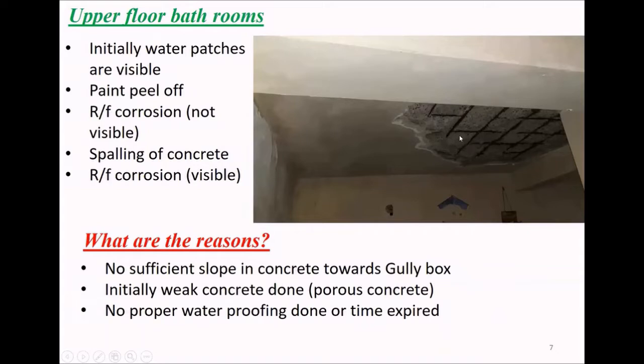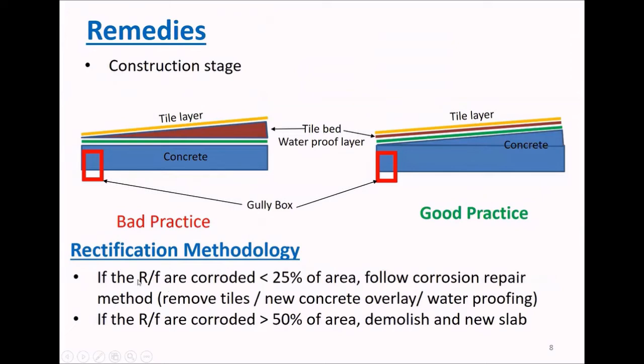If we find corrosion like this, first of all we have to check what is the percentage of the reinforcement corroded, right? Here we have given a standard: if the corrosion area is less than 25%, we can still use this reinforcement. We can do some corrosion repairs and painting and all that. Then we can apply new concrete.